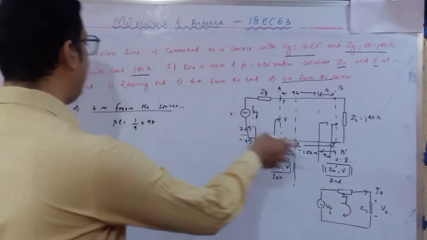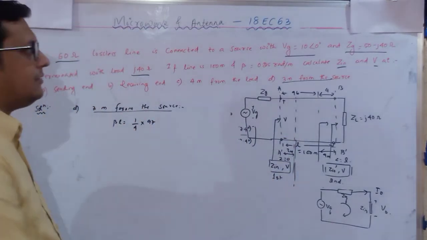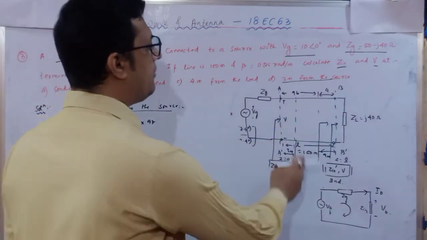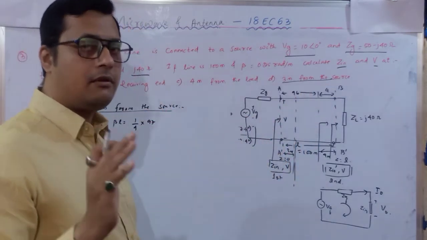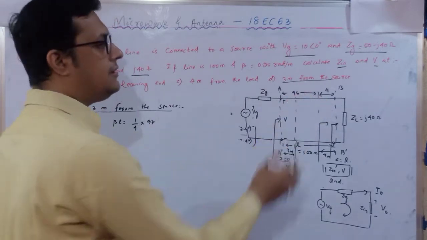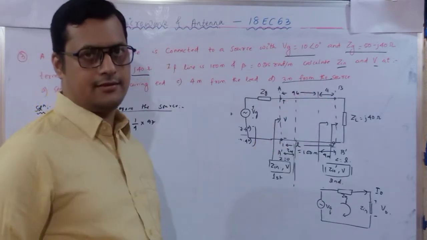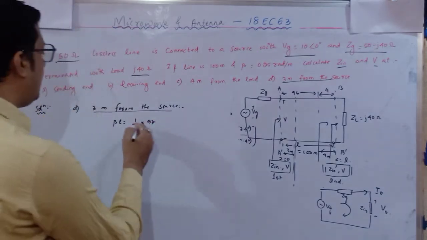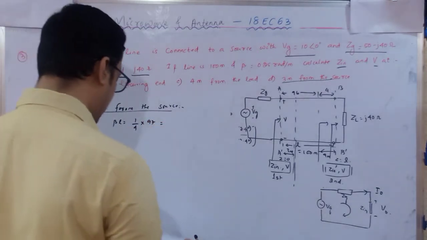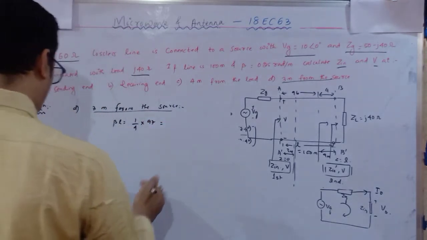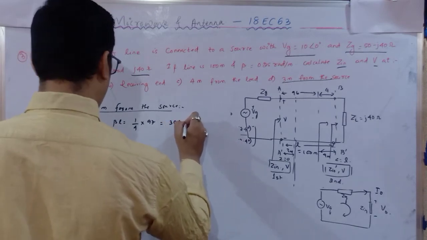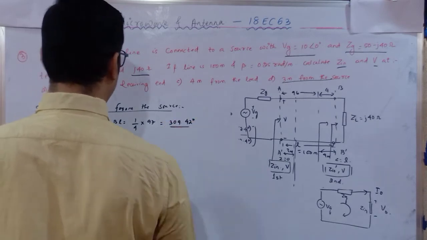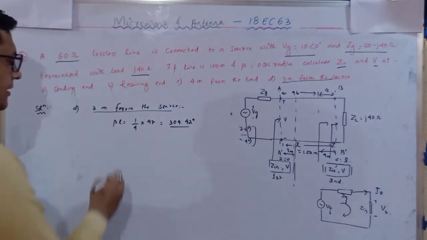That 97 I am going to insert, because last time for 4 meter from the load we considered length 4. Why always from the load? Because input impedance depends upon the distance from the load. So βL is equal to this much. If you solve this, you will get around 309.42 degree. So this is my βL.